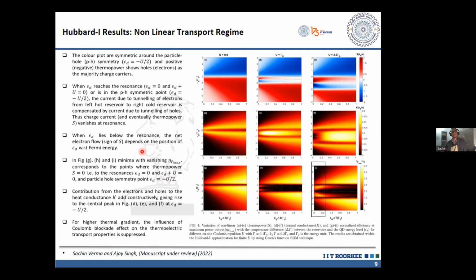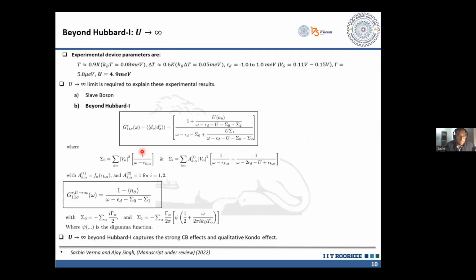Now, in order to explain the experimental results, one needs to go beyond the Hubbard-one approximation because in experimental devices the parameters are like this. One can see that U, or Coulomb repulsion, is the largest energy parameter as compared to other relevant energy parameters. So one requires an infinite-U technique such as slave boson, Hubbard-one mean field approximation, or beyond Hubbard-one approximation.